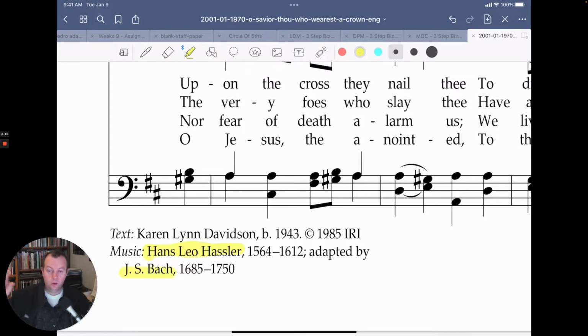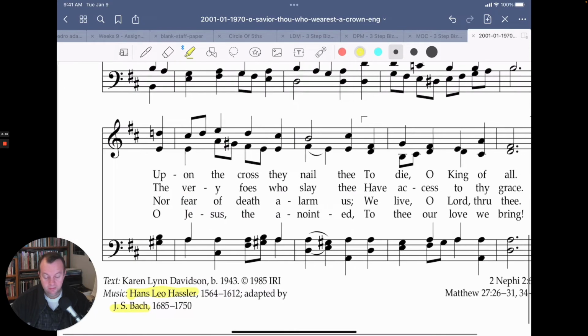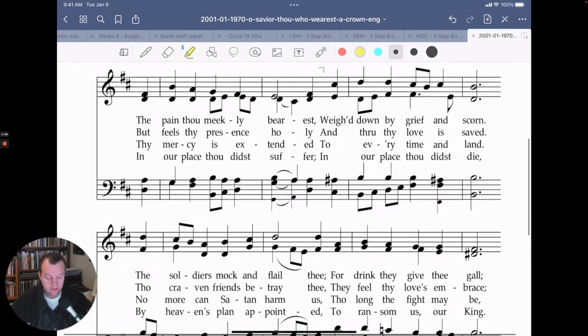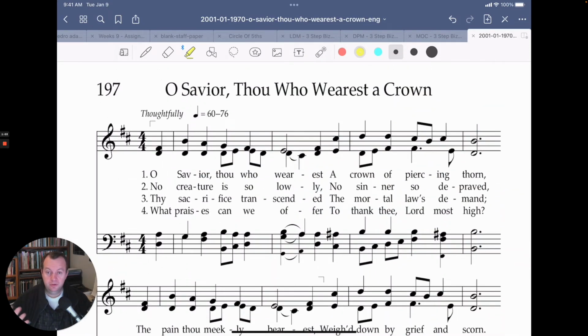So he took this old Lutheran tune from the old original Lutheran hymn book, which Martin Luther created himself and actually wrote several of the early hymn tunes for the Lutherans, and then he added alto, tenor, and bass to it. Bach did this a lot with many Lutheran hymns throughout his life, and we have used this one in our hymnal because it's the most famous example of a Bach hymn.